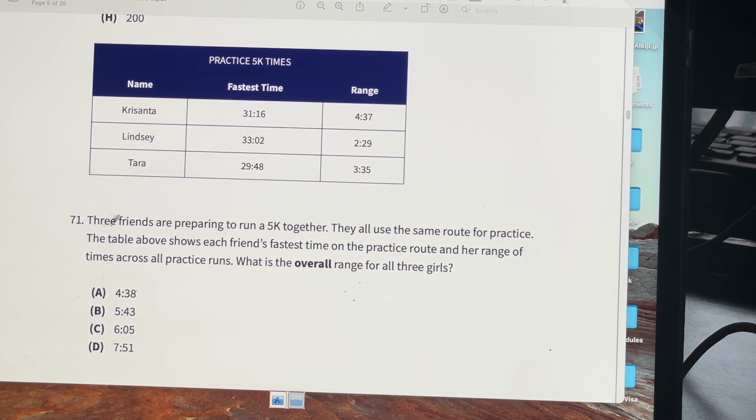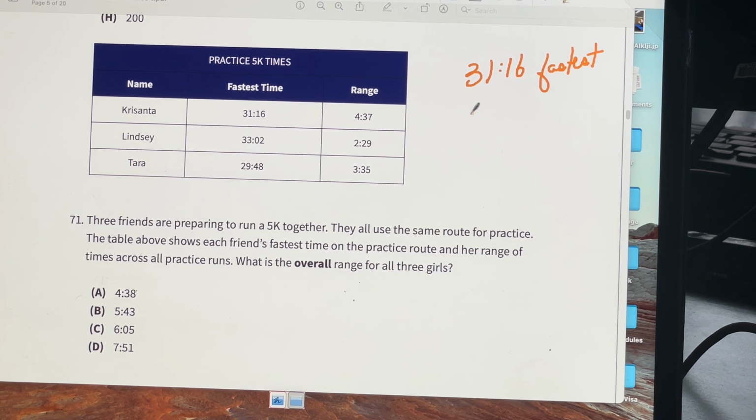Okay, so let's start with Chrysandra. Chrysandra ran the fastest time. Her fastest time was 31 minutes and 16 seconds. Now the range is 437, so that means this is her fastest time.